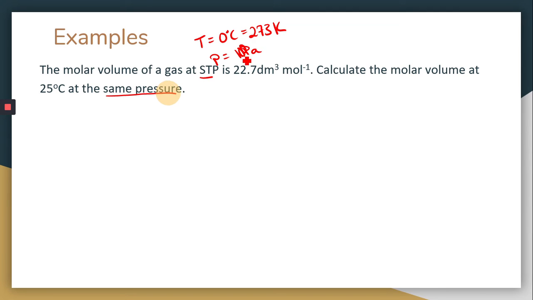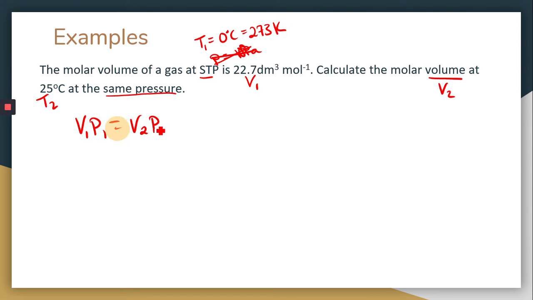So pressure is not changing, so we really don't care about that. We have volume and temperature. We're changing it to a second temperature, and so we want to know what the second volume is going to be. So we have a set of conditions that we're changing. So we're going to use the combined gas law.